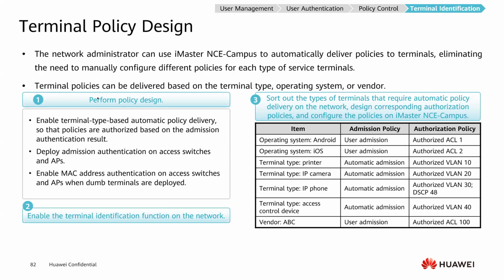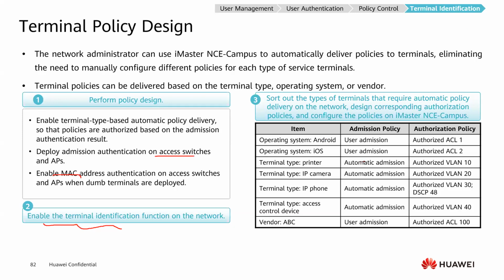And then you can do the policy design. First, enable the terminal type-based automatic policy delivery, so that the policies are authorized based on the admission authentication result, and deploy the admission authentication on access devices, just configure the authentication configuration, and enable MAC address authentication because there are dumb terminals. Then enable the terminal identification methods.